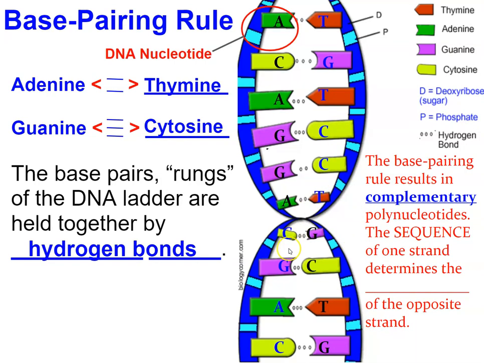The polynucleotides are complementary to each other, the nitrogenous bases are complementary to each other, and you can say the nucleotides are complementary to each other. And all that means is that the nucleotide sequence of one strand determines the sequence of the opposite strand. They have to match up. In other words, they have to be complementary. They have to match up according to the base pairing rule.